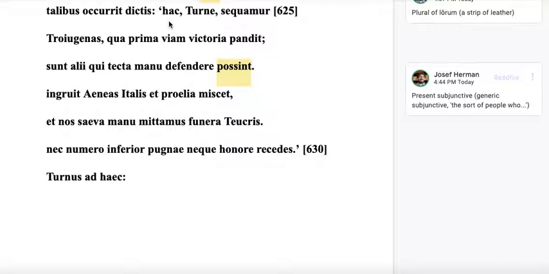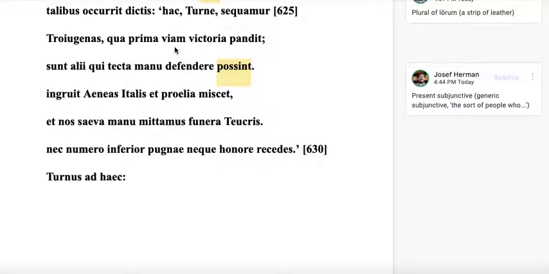And then she explains which way she's talking about. The way on which our prima victoria, our first victory, opened, pandit, a path, a via. In other words, let's follow the route which our earlier victory has made possible, right?